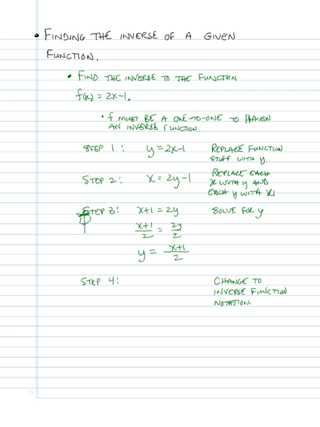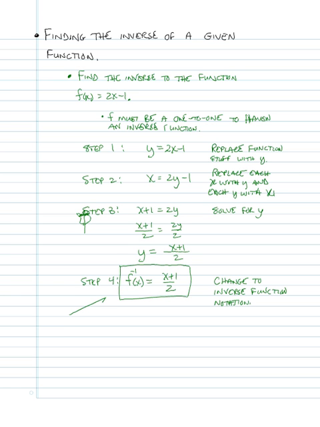But when we have calculated a new inverse function from a given function, then we want to advertise this new function as having a special relationship to the original, in this case f. The way we advertise that it's the inverse of f is we use the notation f with what looks like a -1 exponent, but it really doesn't represent an exponent. We read that as f inverse. So we replace the y with f inverse of x, and it's x plus 1 divided by 2. And this is our final answer.